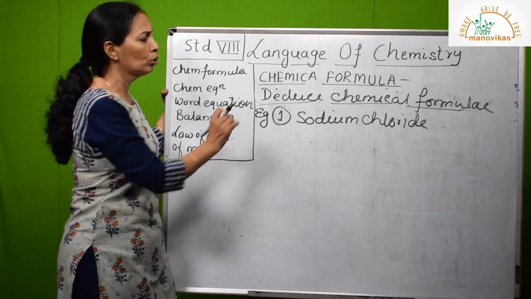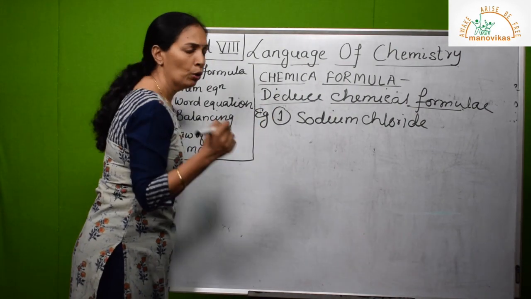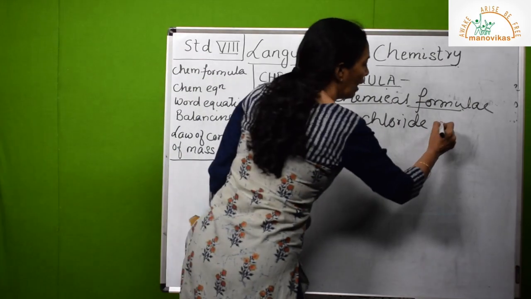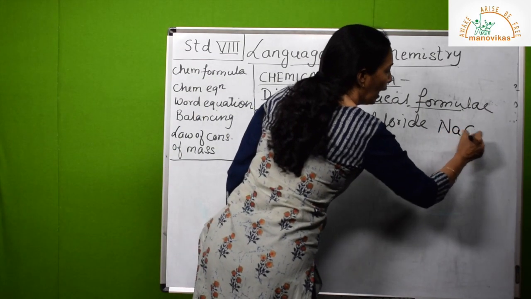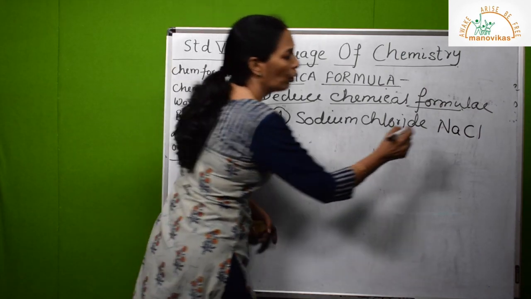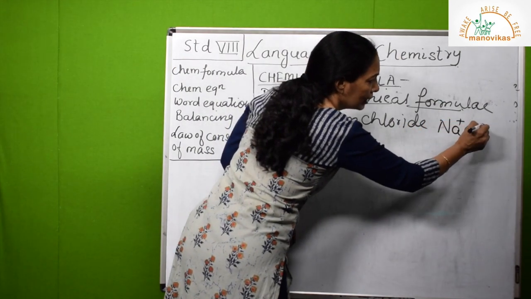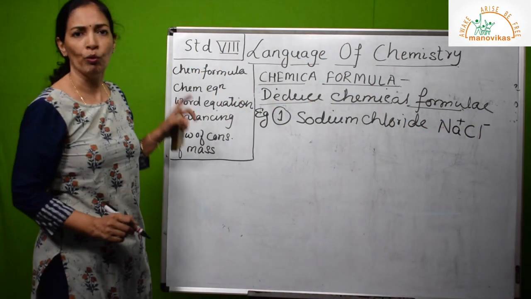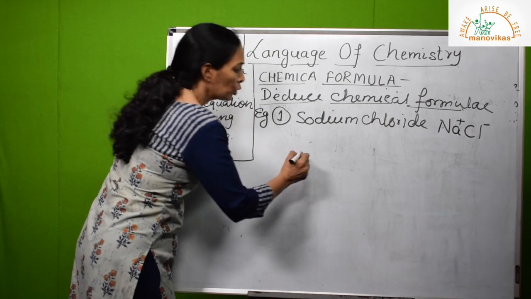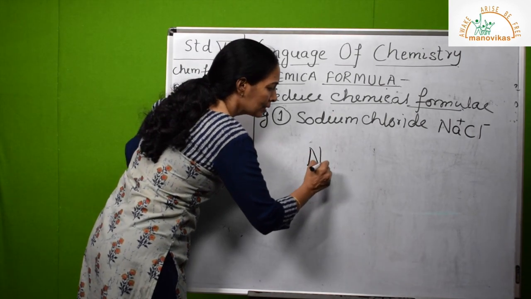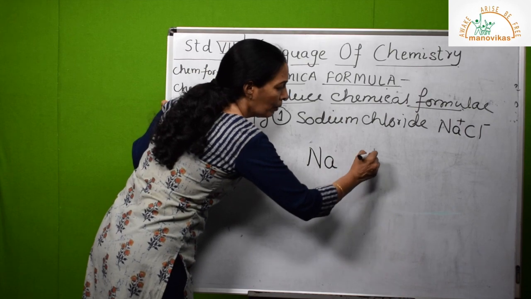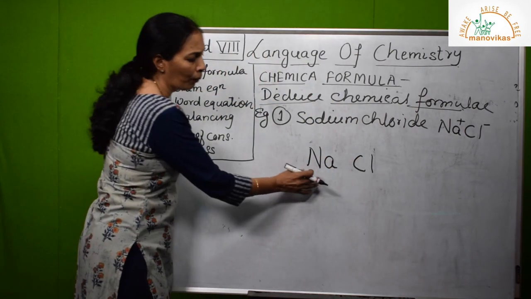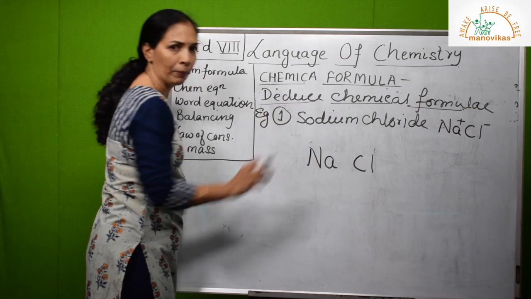So what are the rules to derive this? First, you have to know what is the valency of sodium and chlorine over here. Sodium is +1 and this chloride ion is -1. Okay, so we will write only the symbol of the cation and anion, or positive ion part and negative ion part.